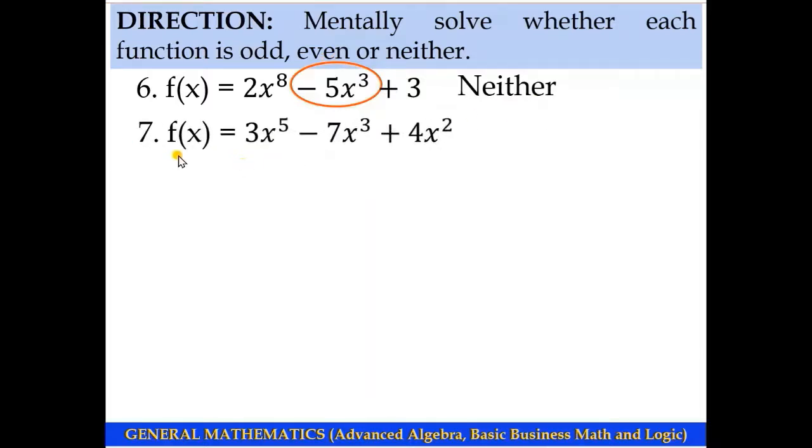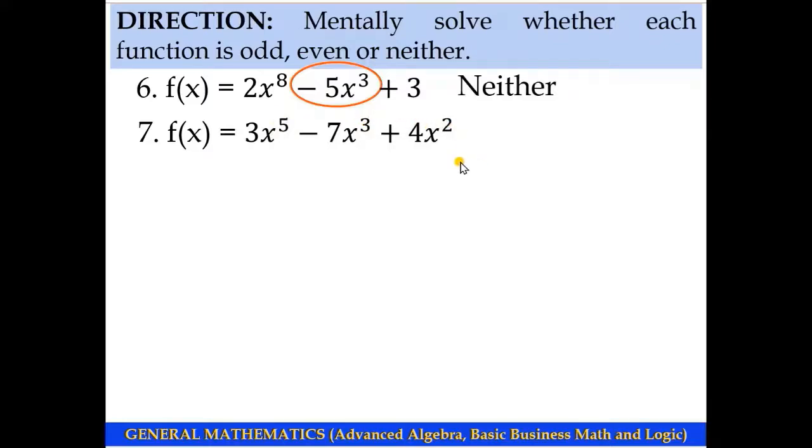Number 7. f of x is equal to 3x raised to 5 minus 7x cubed plus 4x squared. And this is a polynomial function of degree 5, a quintic function. There are 3 terms in this particular function, and the exponents are 5, 3, and 2.